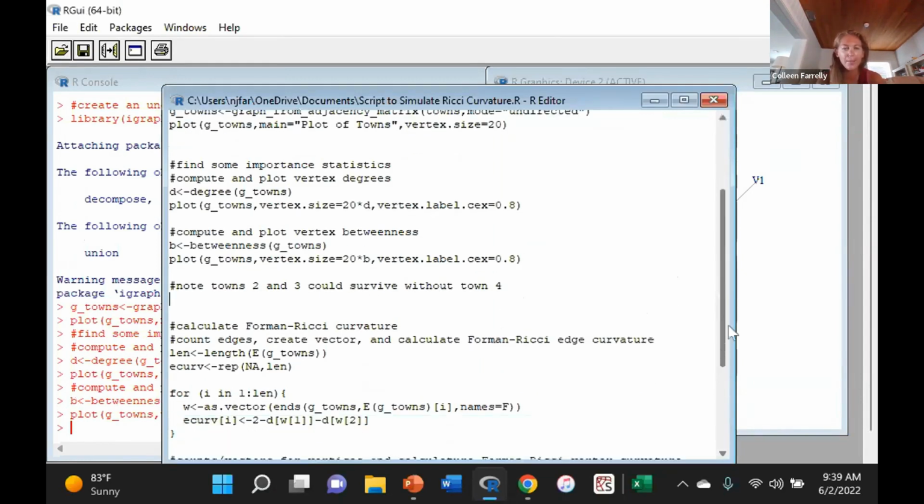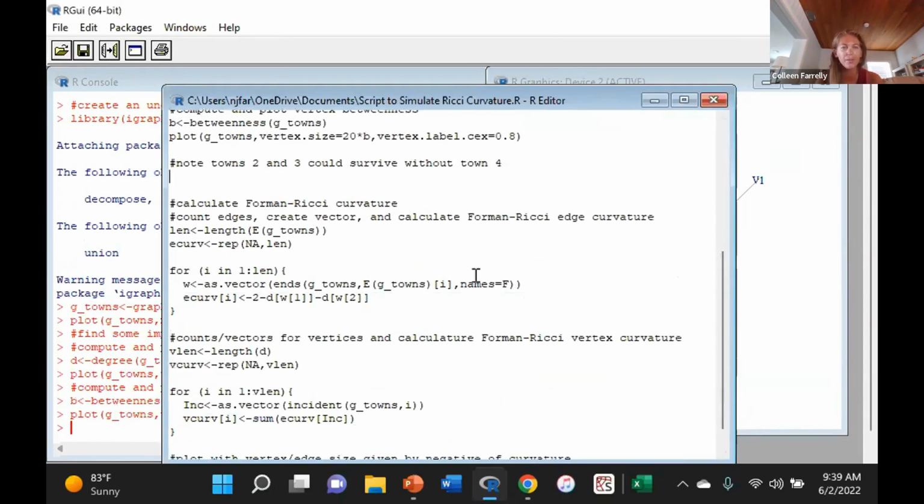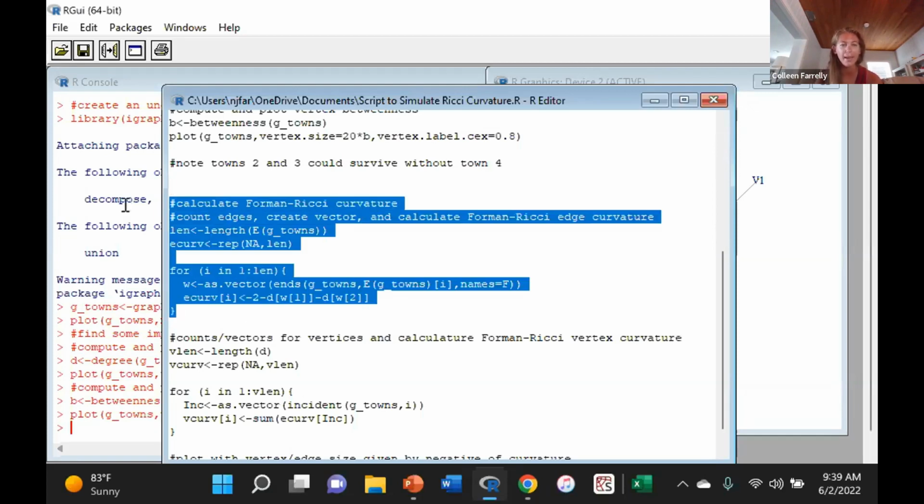Now let's compute our curvature. So we're going to look at our edges first. And when we don't have a weighted network, our Forman-Ricci curvature implementation is actually a pretty simple formula that looks at the degrees within our network. So let's compute that.